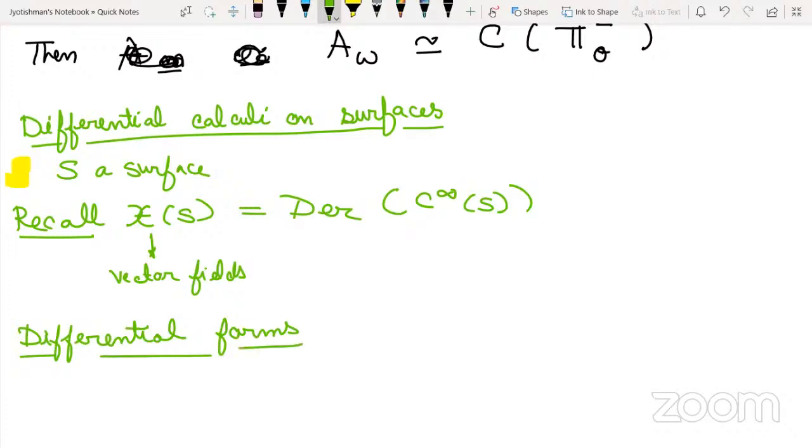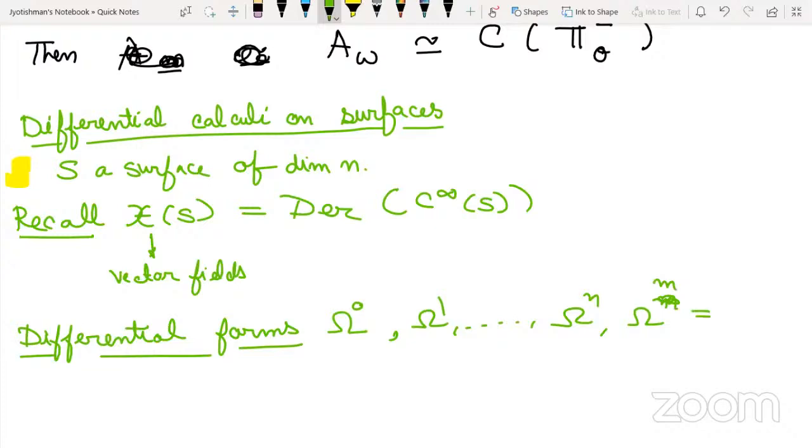Suppose my surface is of dimension n. Then I have omega 0, omega 1, up to omega n, and omega m equals 0 if m is bigger than n.